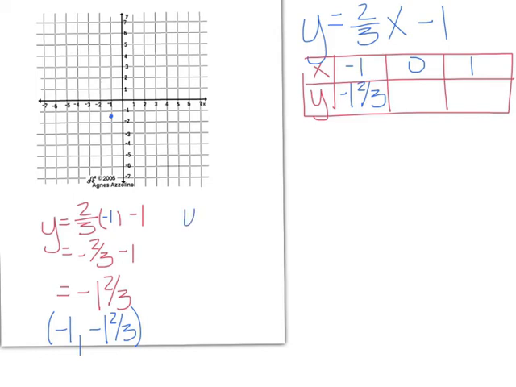We have y equals 2/3 times x minus 1. This time our x value is 0. Anything times 0 is 0, so we'll bring down the -1. 0 minus 1 is just a -1. So in this case, when x is 0, y is a -1.